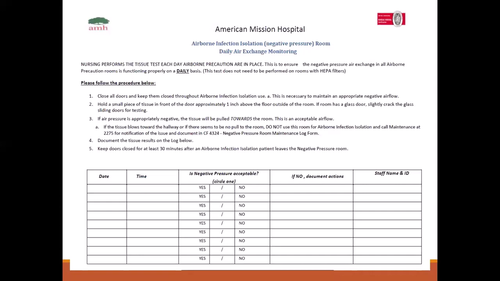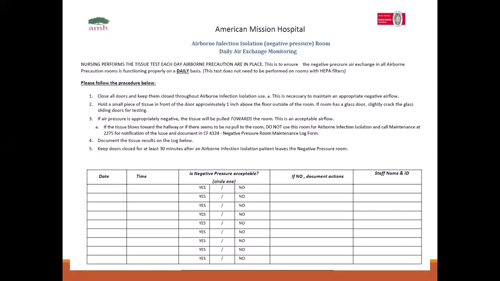Positive pressure, mainly in certain rooms in OT, is the opposite. The air will come from the conditioning system to the outside. We don't want any air to come from outside the room, especially in OT, for a very strict, sterile environment.